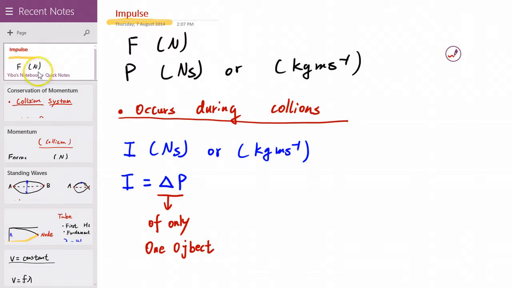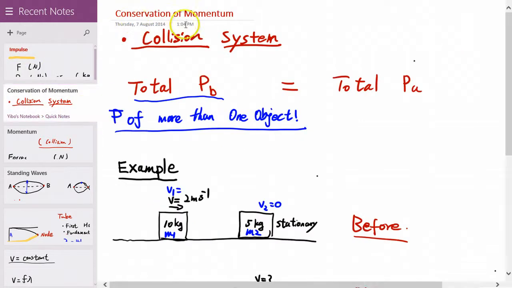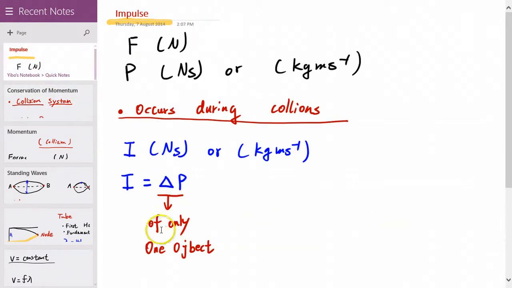What we learned before in the conservation of momentum is about the total momentum of the whole system. However, impulse only focuses on one object during the collision. That's why we call it impulse. During a collision we have before and after, so it's defined as the change in momentum.